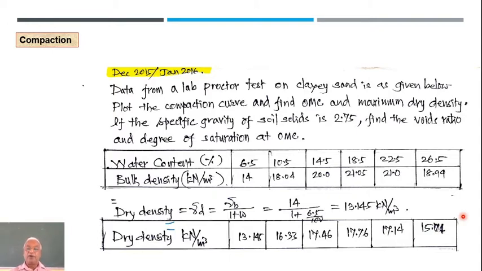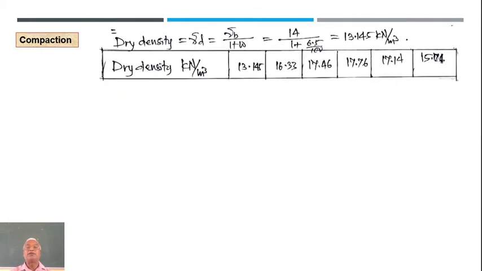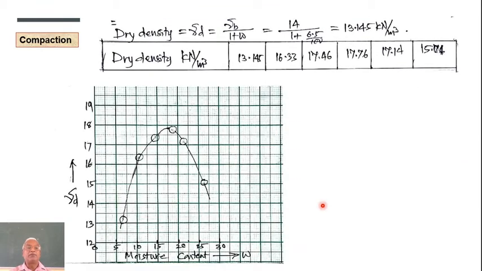So now with these values, once we know gamma d and water content, that is what is needed to plot the compaction curve. So we'll see the graph. Now here water content or moisture content is plotted on the x-axis, and gamma d is plotted on the y-axis.